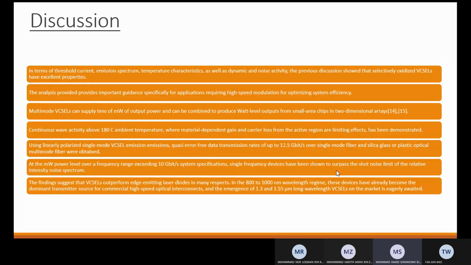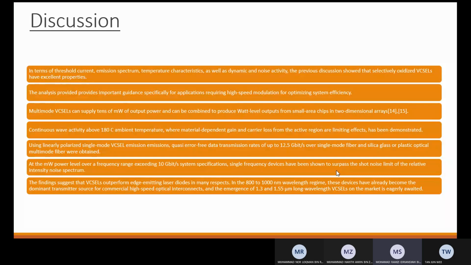Single frequency devices have been shown to surpass the shot noise limit of the relative intensity noise spectrum. The findings suggest that VCSELs outperform edge-emitting laser diodes in many respects.